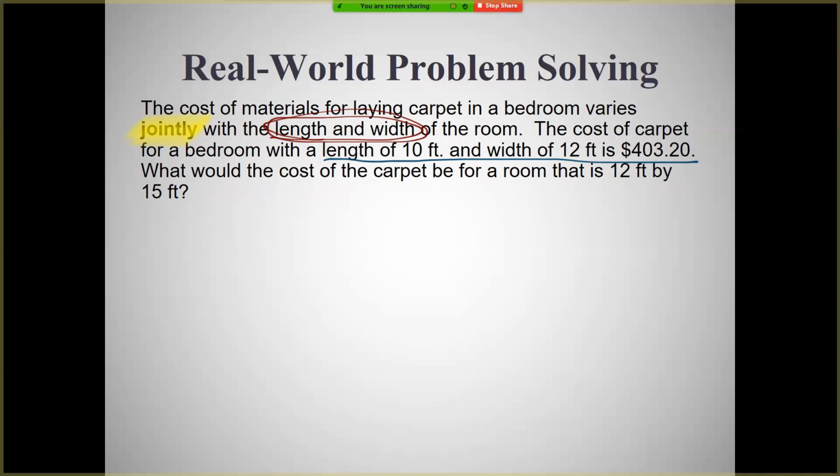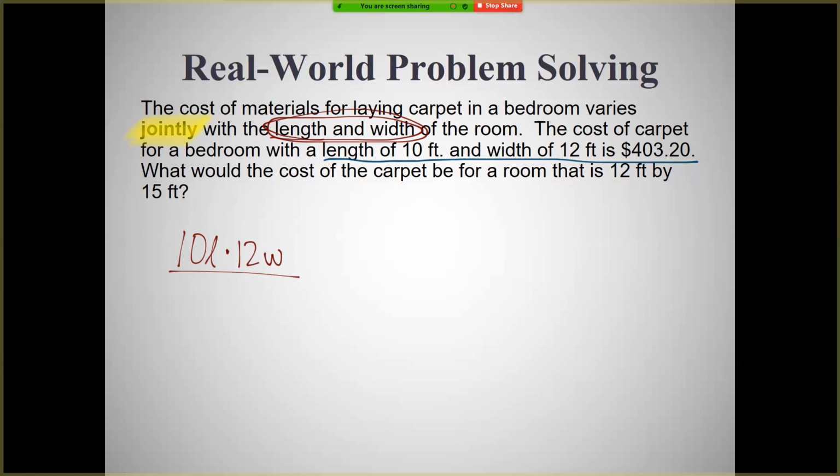For the second side, I'm being asked what the cost would be if the room was 12 feet by 15 feet. So when I set up my proportion, I know that my length and my width have to be put together. So I'm going to use 10 length times 12 width. You don't really have to label the length and the width there, but I just want to label them so I make sure that when I do the top of the second one, I put the length and the width on top. So those two are joined together by multiplication.